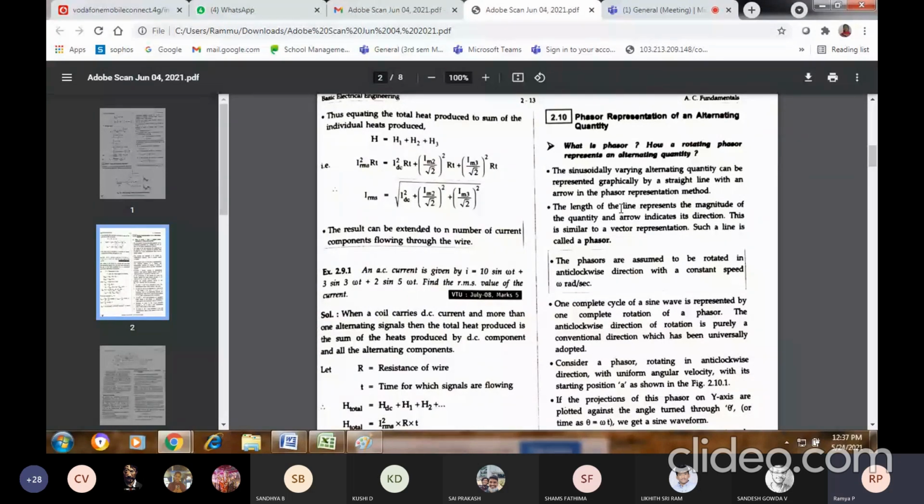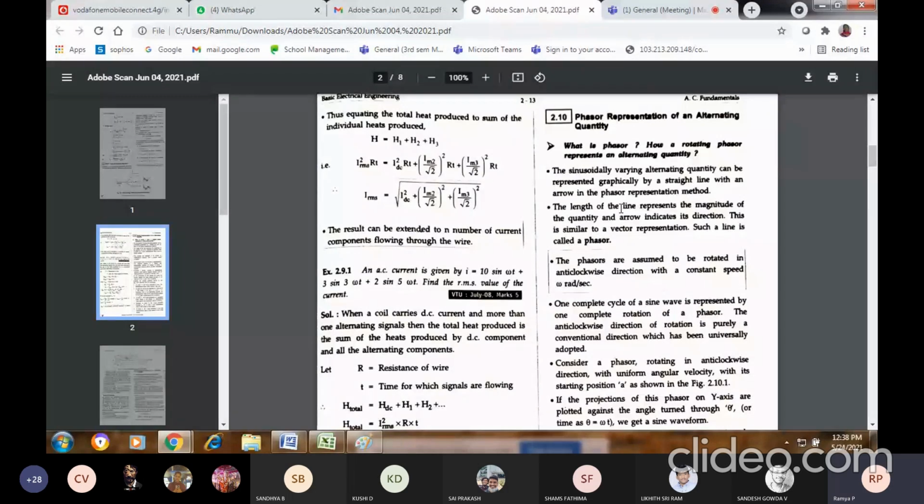To understand that point, you should know what phasor representation means. Till now you used to measure the voltage or current in terms of a sinusoidal waveform. As time passes, I get some amount of current or voltage. I trace the entire thing, and if I join all the dots, I get a purely sinusoidal waveform. But how are we going to convert that sinusoidal waveform into a graphical representation?